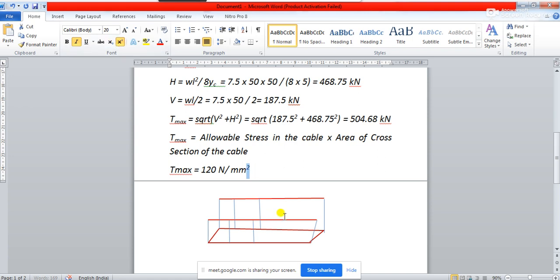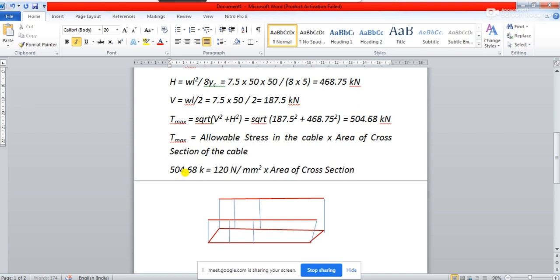So once you have Newton per millimeter squared, your area of cross section also will be coming in millimeter squared only, okay? So what will you have to change? What is your T max? T max is nothing but your 504.68.